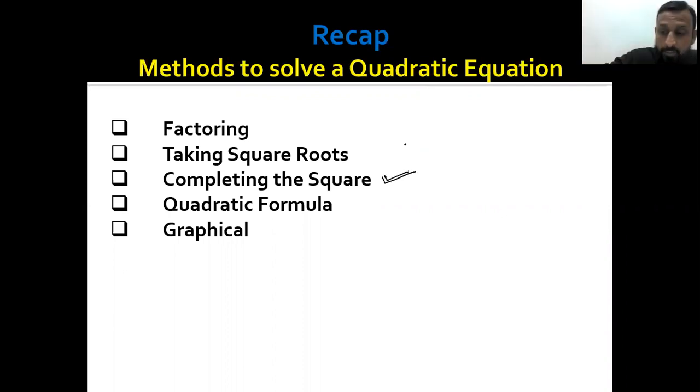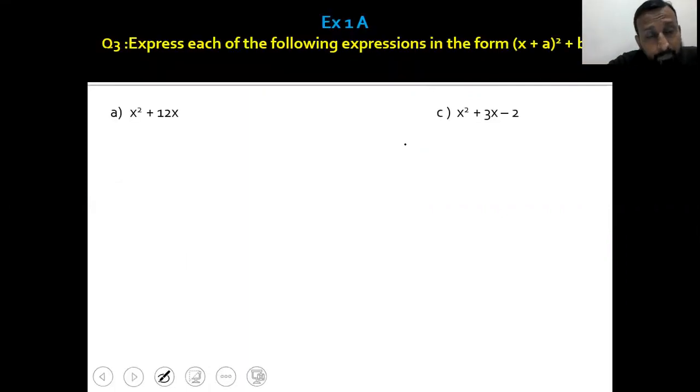All right, boys and girls, so here we go. Now, this is exercise 1A of your school textbook: express each of the following expressions in the form x plus a the whole square plus b.